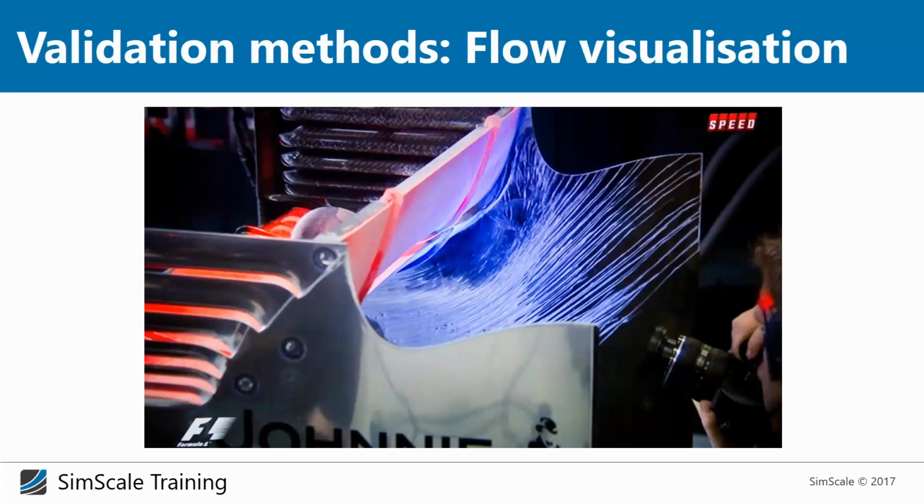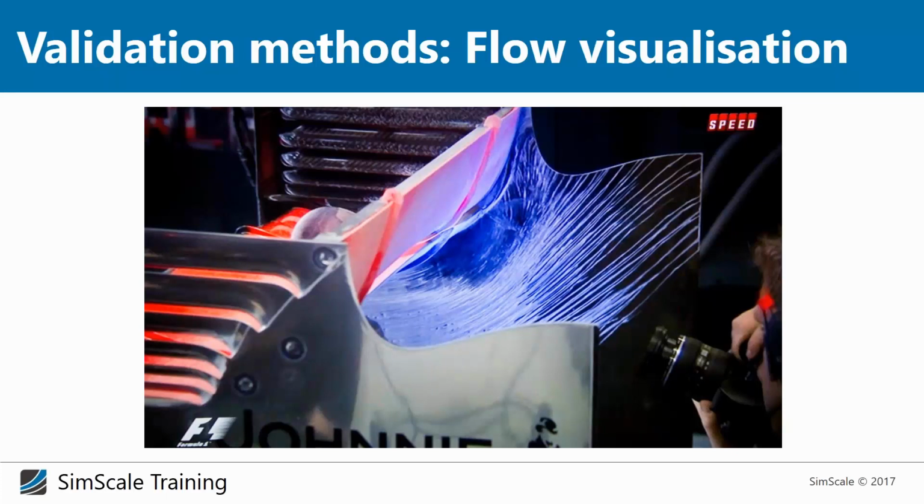The most common validation method that everyone knows from watching Formula 1 is the flow visualization, where you just paint a bit of a high viscous paint to the car, and then you drive around and you can see the path of the air on the end plate, for example, here from this Formula 1 rear wing, and there you can see where the air is going.